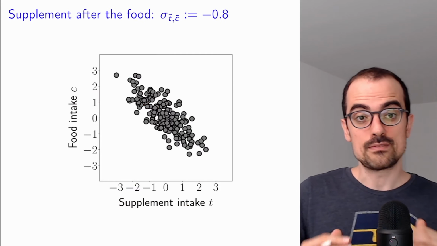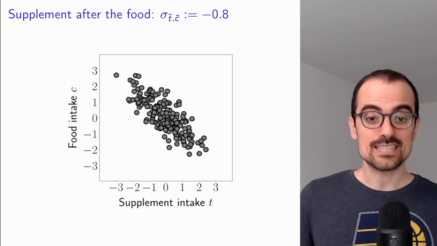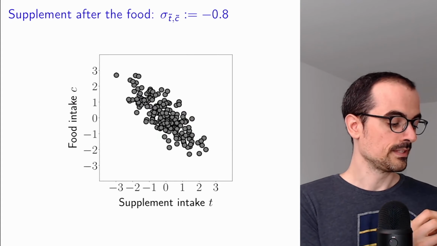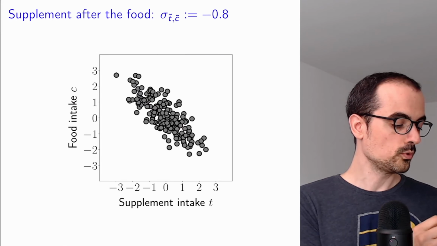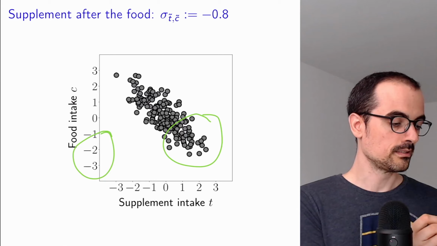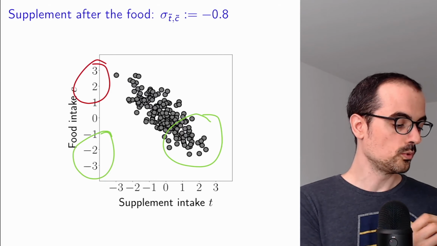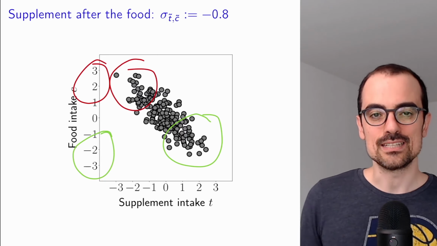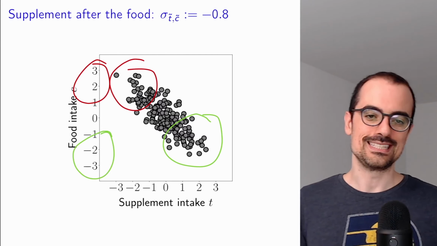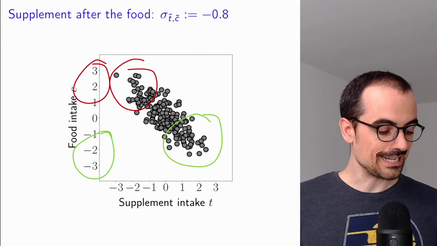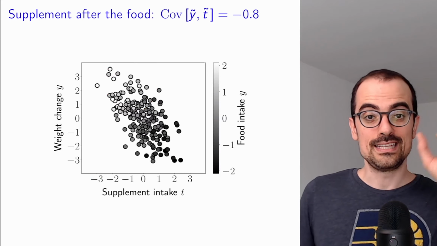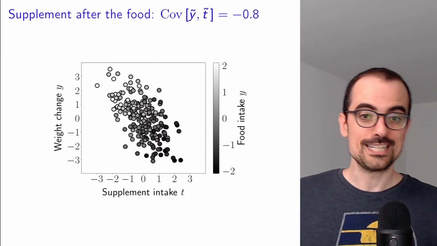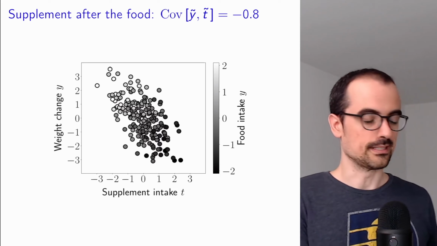When the supplement is fed after the food, then there's a negative correlation between the supplement and the food intakes, because the guinea pigs that have eaten less food are hungrier, so they eat more supplement. And the guinea pigs that have eaten more food are less hungry and they eat less supplement. This negative covariance between the treatment and the confounder, in this case the supplement and the food intake, is reflected spuriously in the covariance between the observed outcome, which is the weight change, and the treatment, which is the supplement intake.